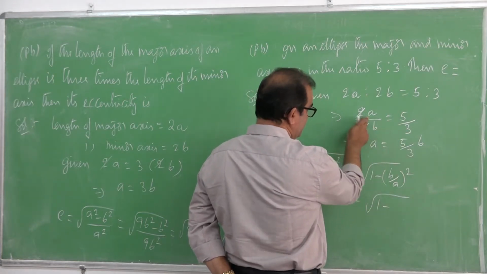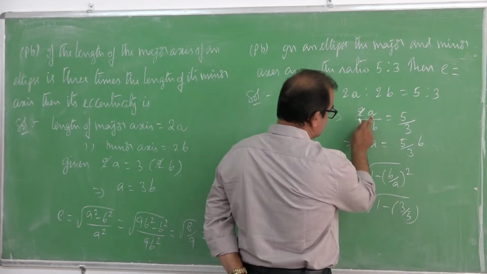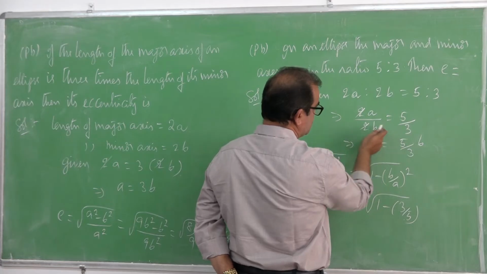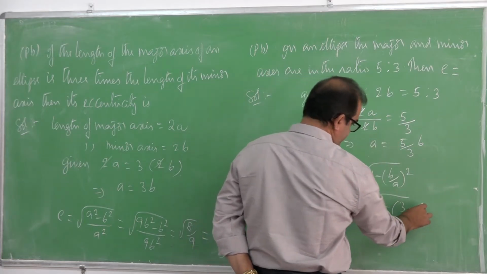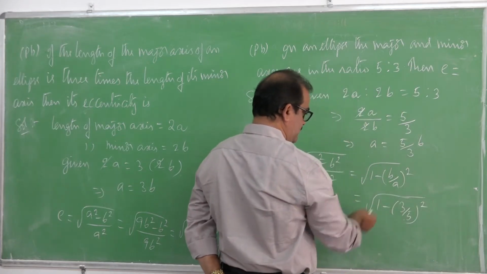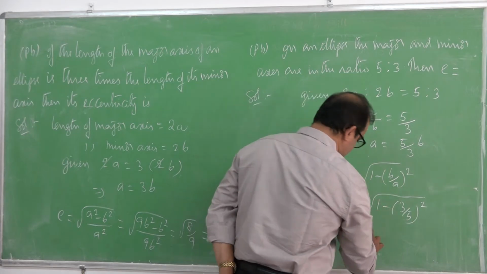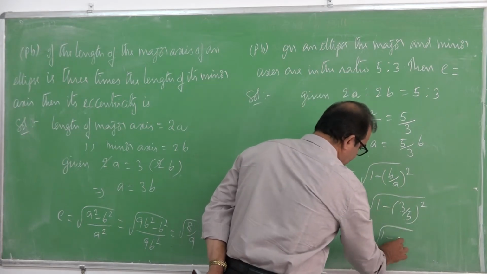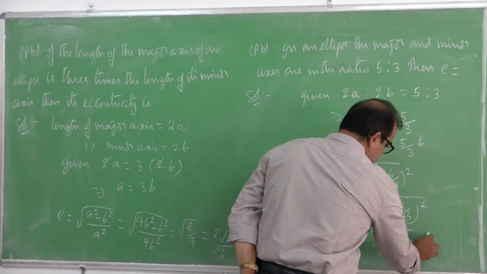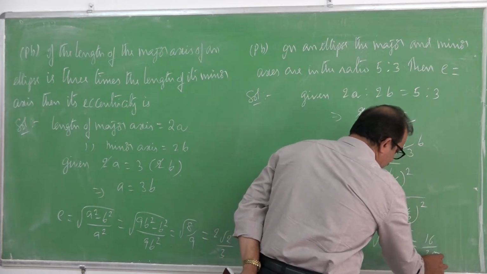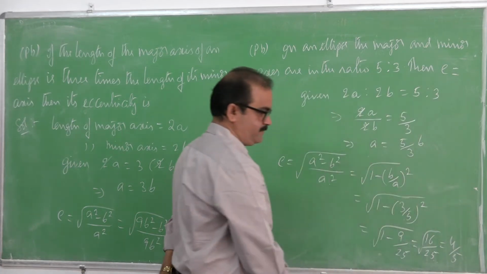Then what is b by a? 3 by 5. See this, a by b is 5 by 3. Taking reciprocal, b by a becomes 3 by 5 whole square. Directly you substitute b by a value. Find this value. 1 minus 9 by 25. 25 minus 9, 16 by 25. This is equal to 4 by 5.